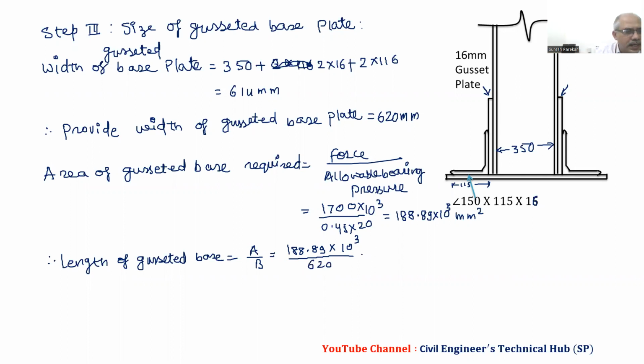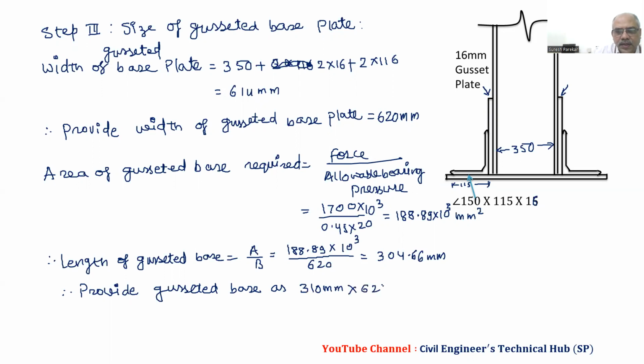From this we will get length, that is 304.66 millimeter, and therefore provide gusseted base as 310 millimeter by 620 millimeters.